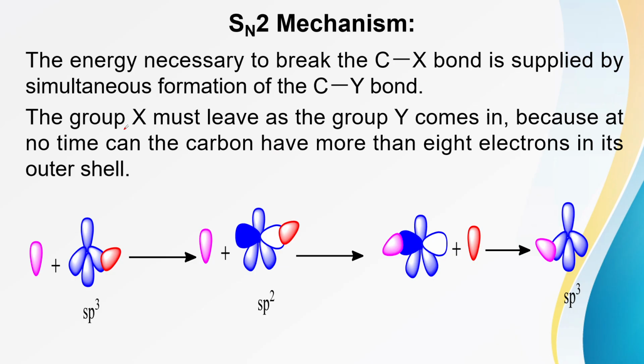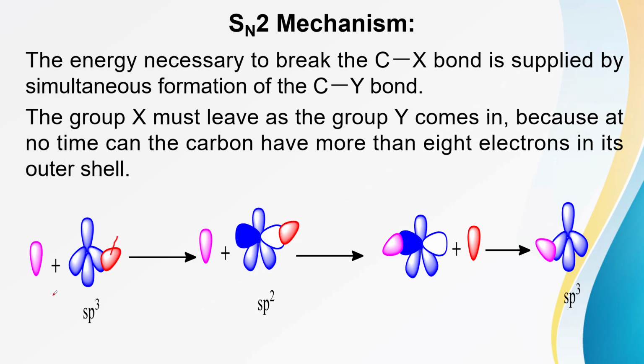So this was explained by the hybridization approach. Hybridization says that the carbon first changes its hybridization from sp3 to sp2. Here this is carbon which is sp3 hybridized, and to one of its hybrid orbitals, the orbital of our leaving group is overlapped.